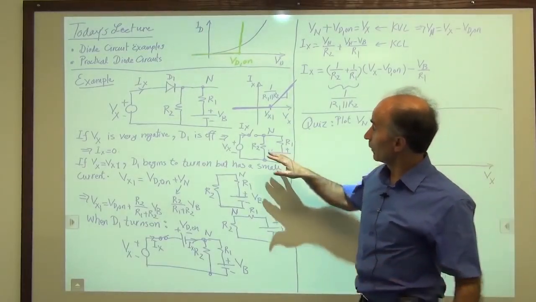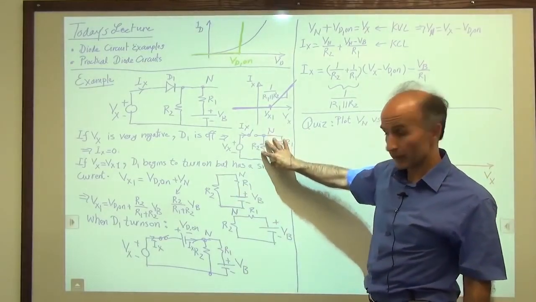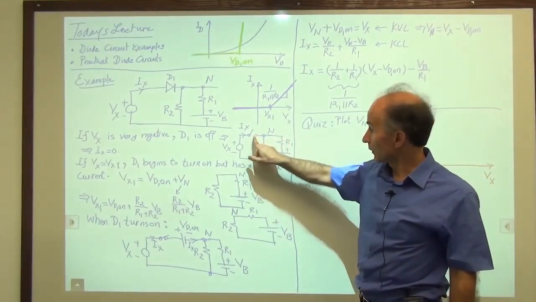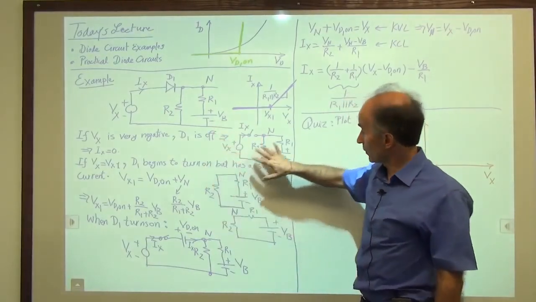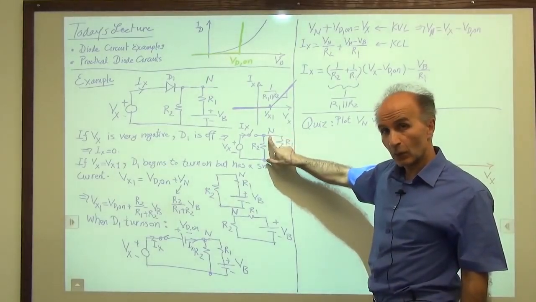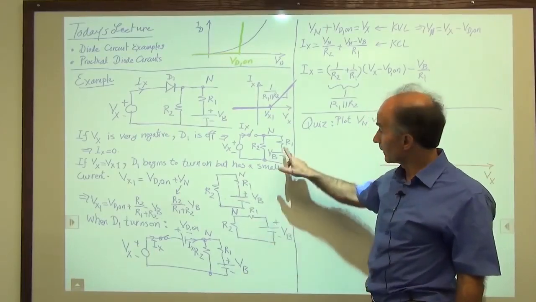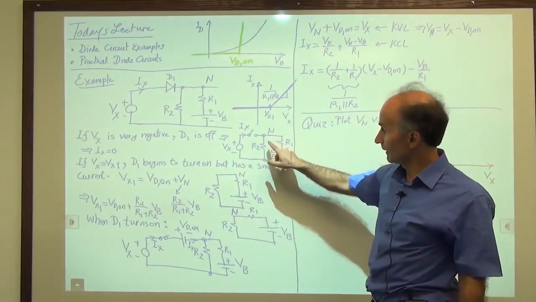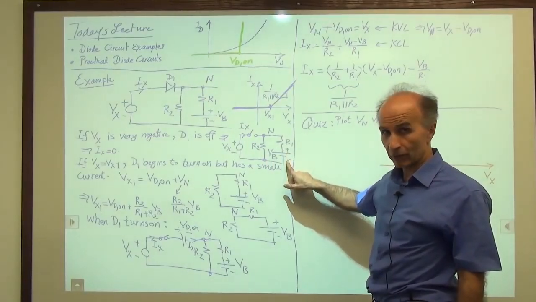Well, we go back and say, what did the circuit look like when the diode was off? It was right here. This is the circuit. The diode is off. We don't worry about this part of the circuit. It's disconnected. And we just have this part of the circuit. So how much is Vn? Well, we already actually found that. That was the calculation we did before. We saw that we have a resistive divider taking VB and attenuating it by some factor.